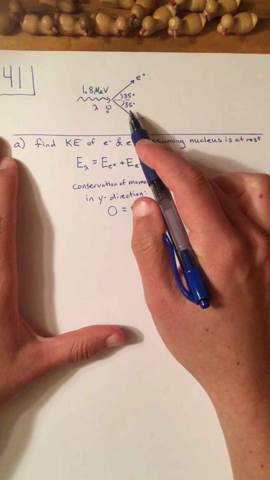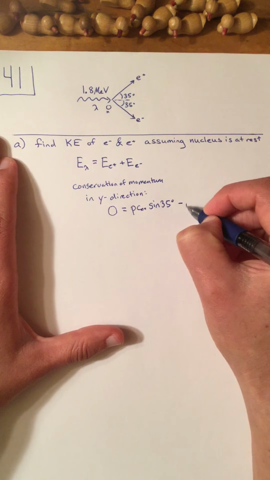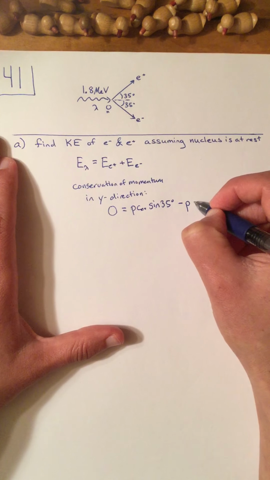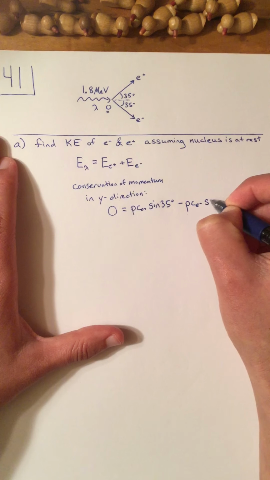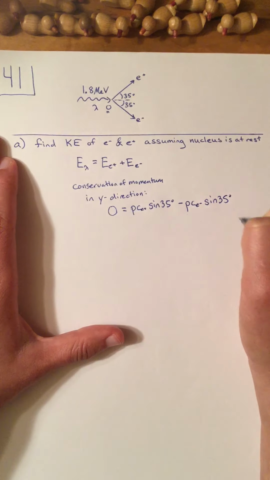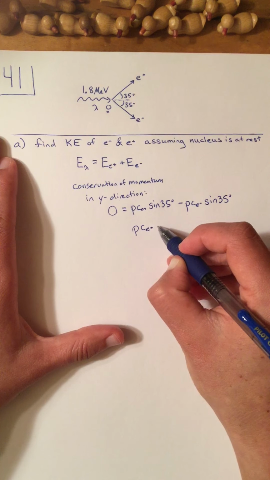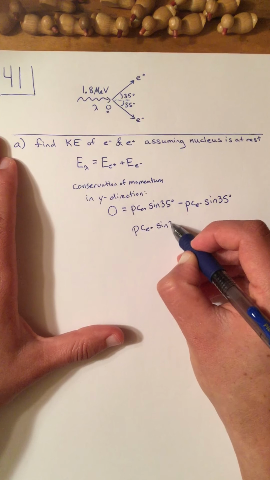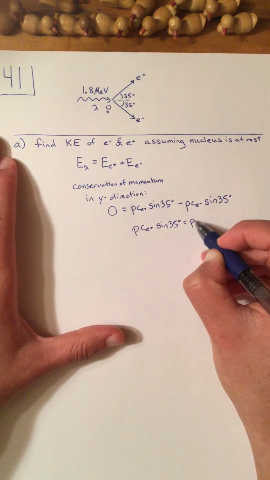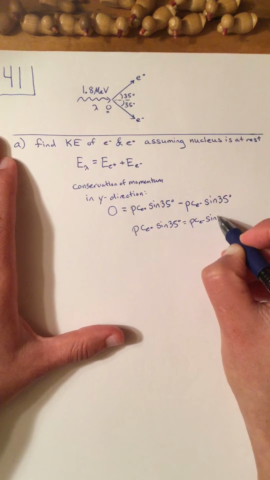That's positive, and then we have the electron, which is going downward, so that's negative. This is the momentum of the electron times sine 35 degrees, which means that PC for the positron times sine of 35 degrees has to equal PC for the electron times sine of 35 degrees.